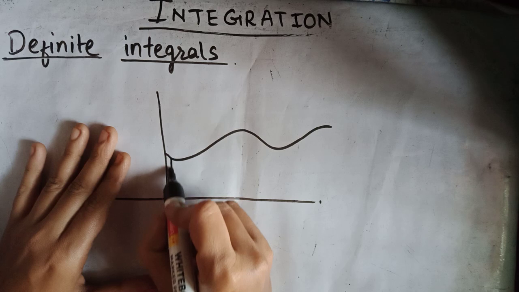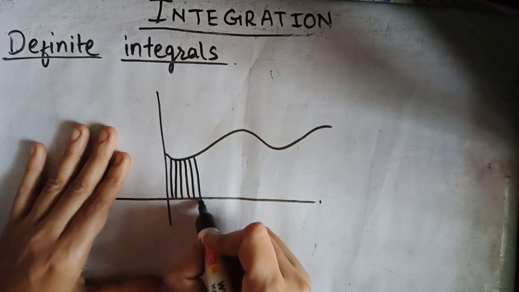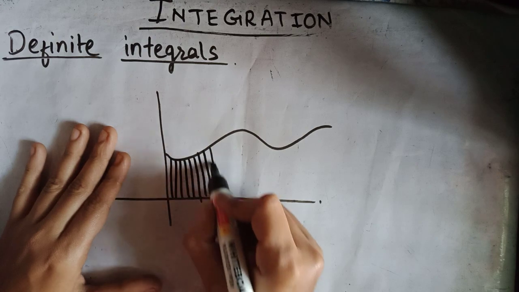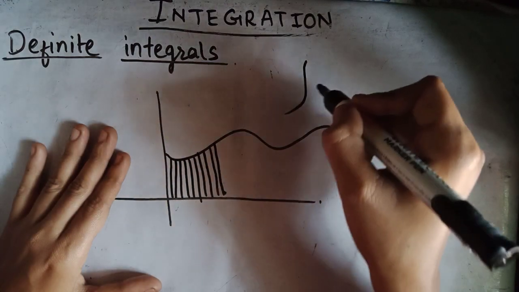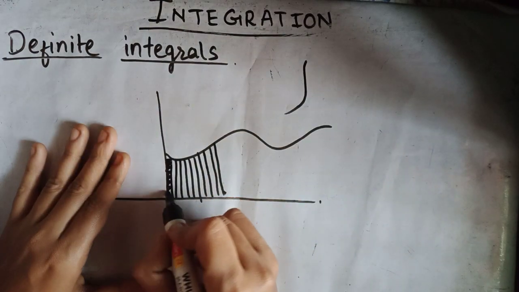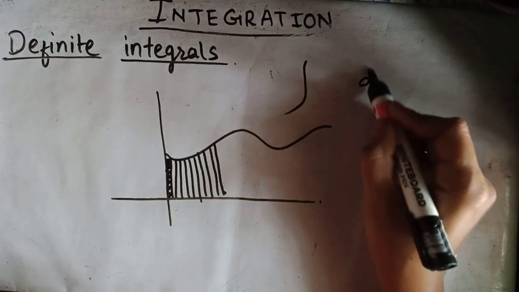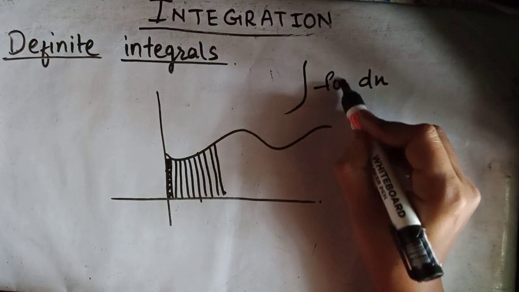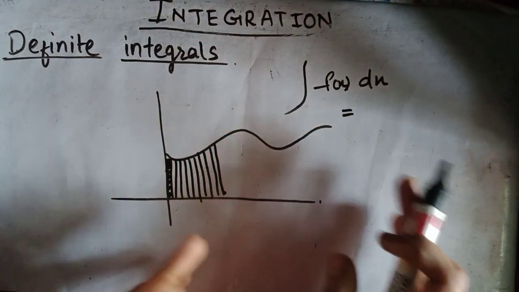We cut this into small pieces, and then we take the limit. Whatever small values we get, we add up together, so that we get the total area.